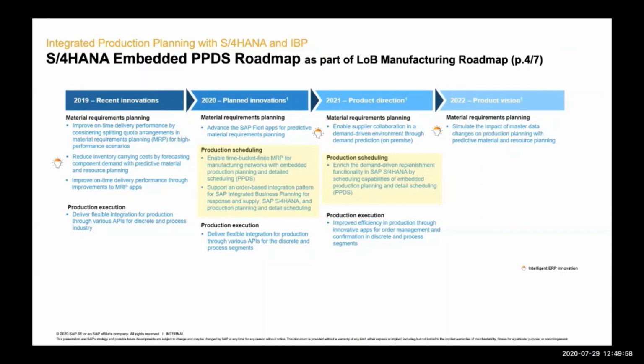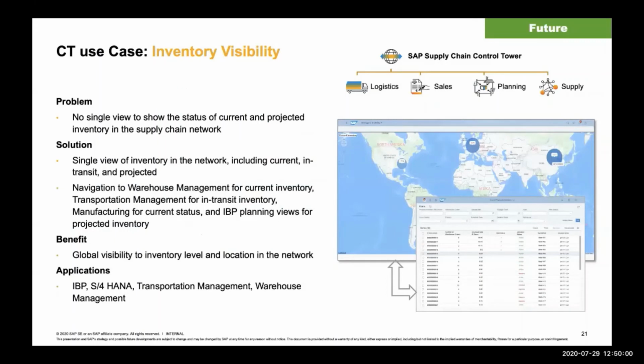Okay, next slide, please. On my penultimate slide, I wanted to highlight the concept of the control tower. You saw a bit in the demo. I think the value proposition is becoming clearer in the industry. This concept is about a holistic view where you can define alerts and manage by exception, and then drill down into these exceptions to resolve. To put some color around one of the use cases, consider inventory visibility, particularly if there's any sort of supply chain disruption.